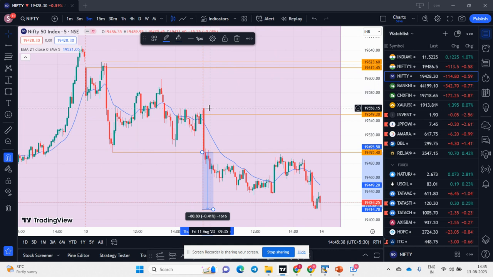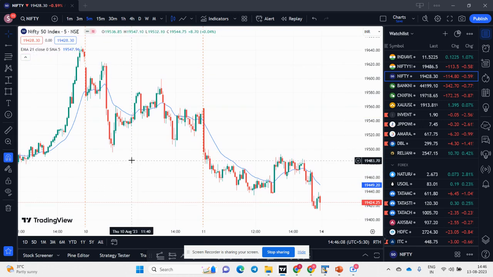So what I would suggest is to keep 50% of this candle as your stop loss, so that you have a better risk reward ratio. In this case, the market did not even try to test or hunt the stop loss. It went to the target. This happened on a Friday.